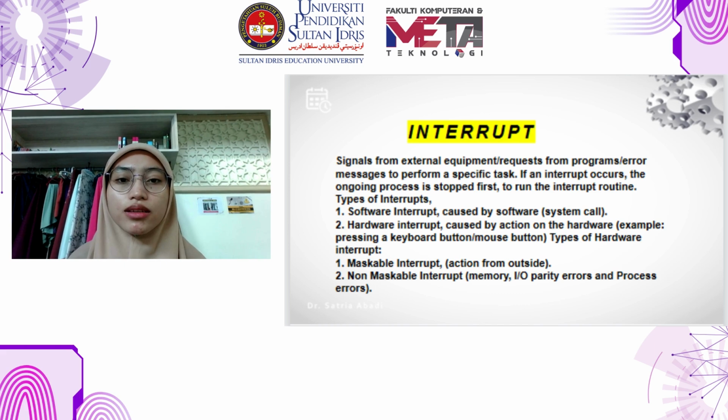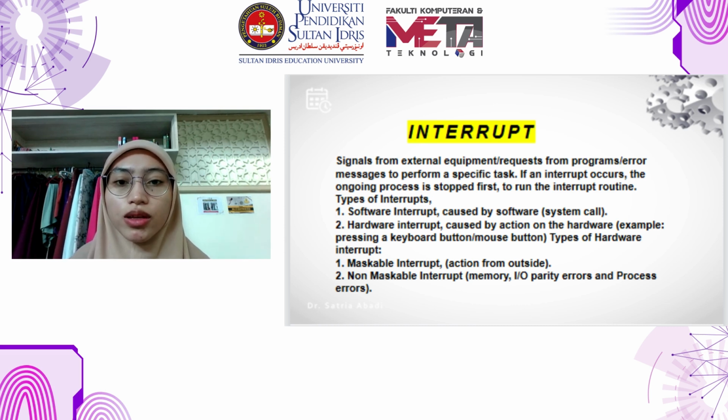So lastly is interrupt. Signals from external equipment, requests from programs, or error messages to perform a specific task. If an interrupt occurs, the ongoing process is stopped first to run the interrupt routine. Types of interrupts: the first one is software interrupt, caused by a software system call.